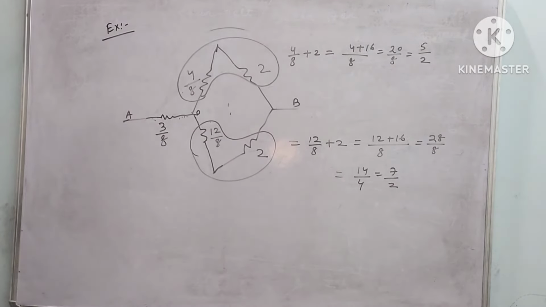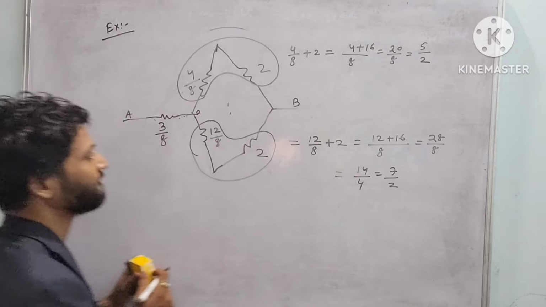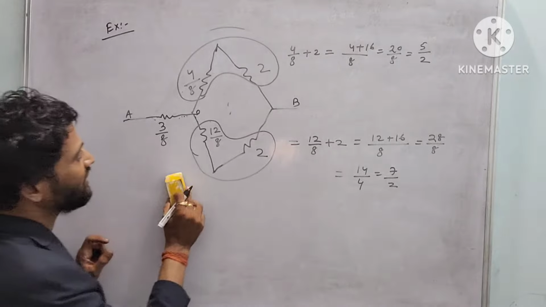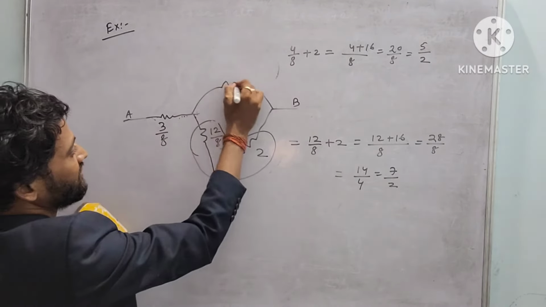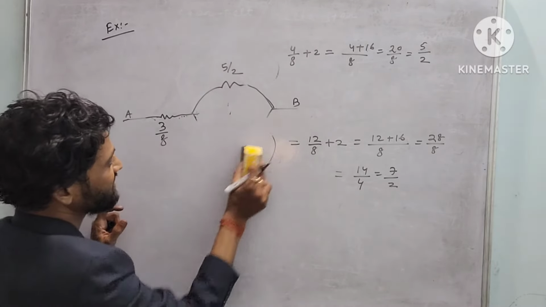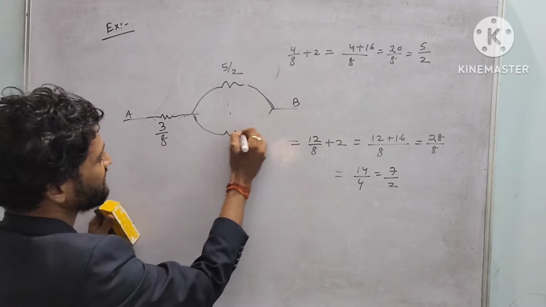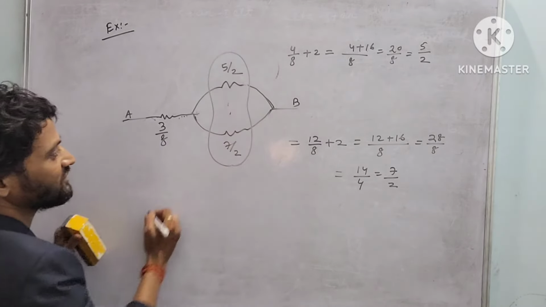Okay? So I can replace this part as 5 upon 2, and I can replace this entire part as 7 upon 2. Now both are in parallel.